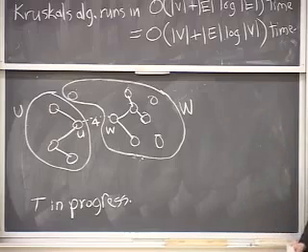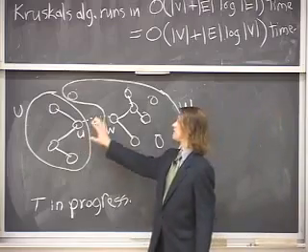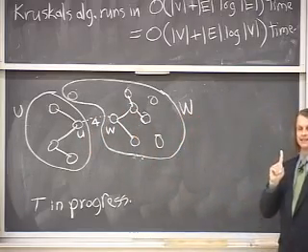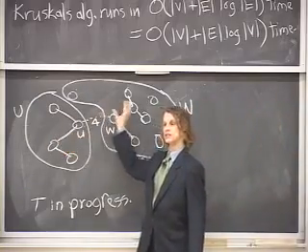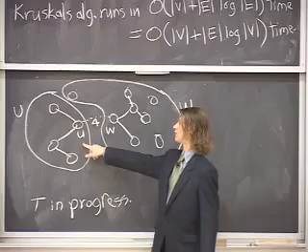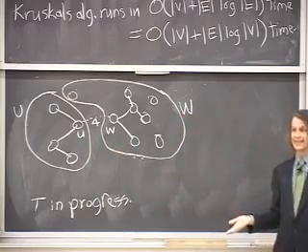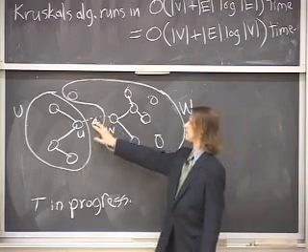All right? Now, if I have a spanning tree, by the definition of spanning tree, all of the vertices are connected by a path. So I'm going to have to add at least one edge in my spanning tree that connects U to W. There has to be an edge from this set to this set. The question is, is it safe to choose this particular edge?